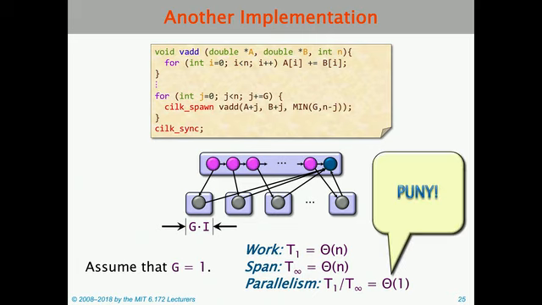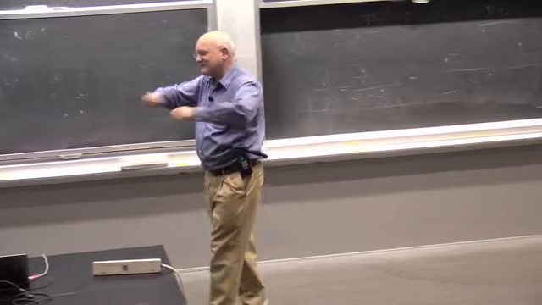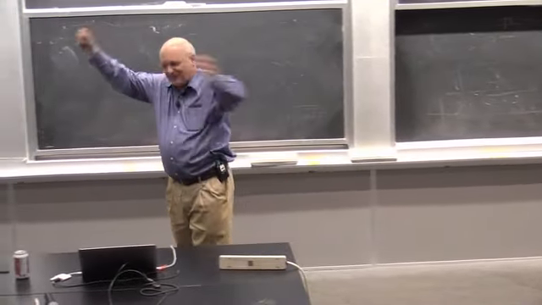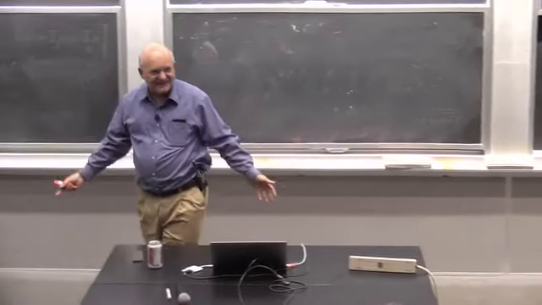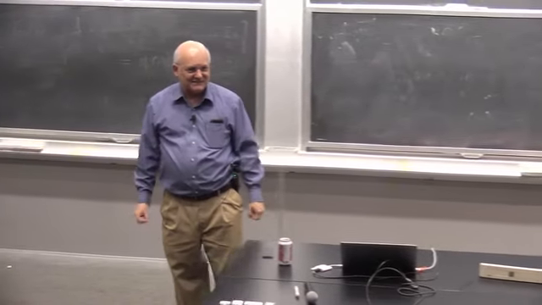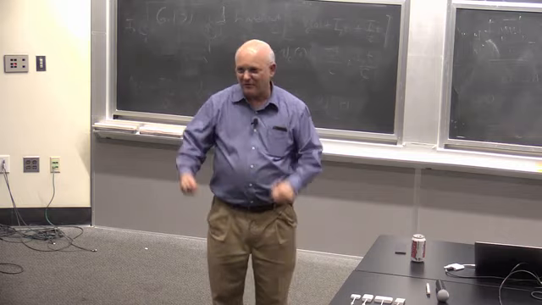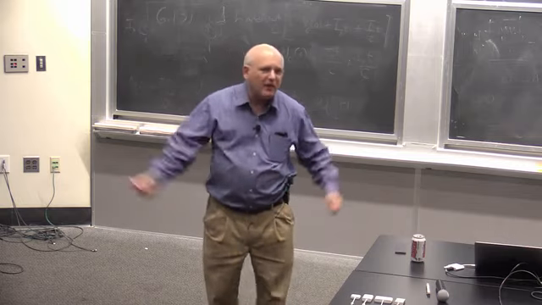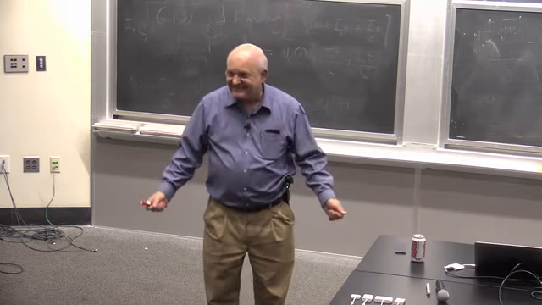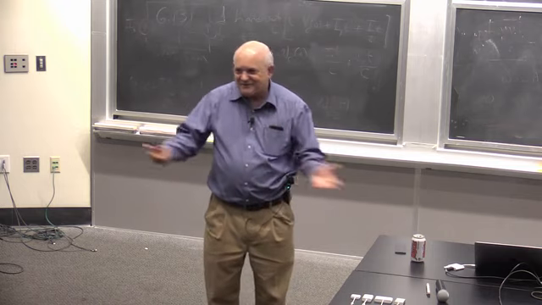They call that puny. It's like we went through all this work, spawned off all that stuff, added all this overhead, and it didn't go any faster. I can't tell you how many times I've seen people do this when they start parallel programming. Oh, but I spawned off all this stuff. Yeah, but you didn't reduce the span.